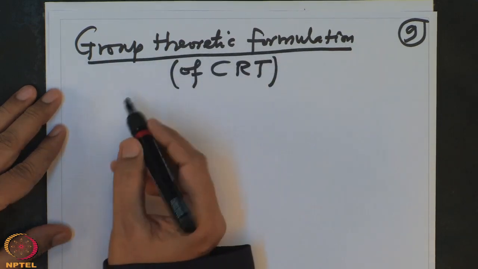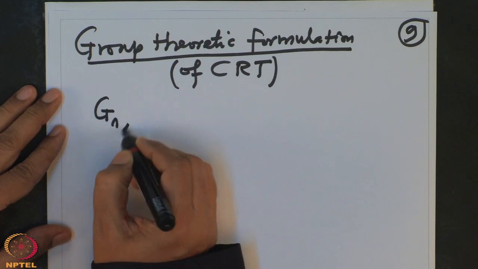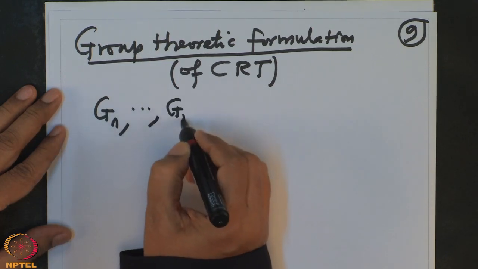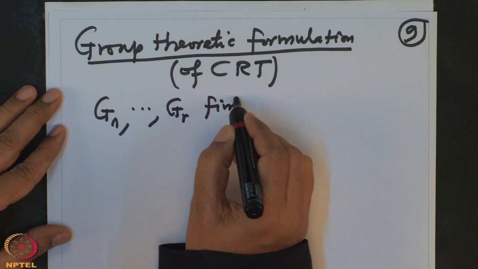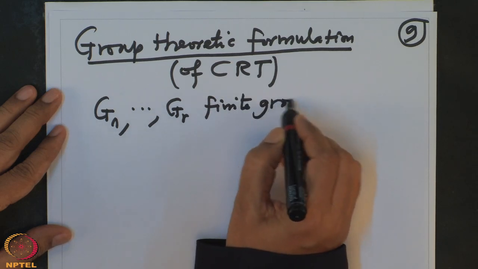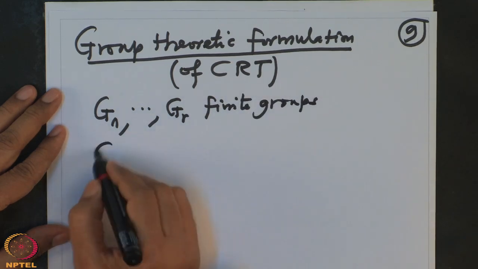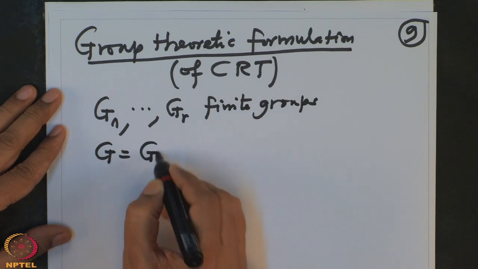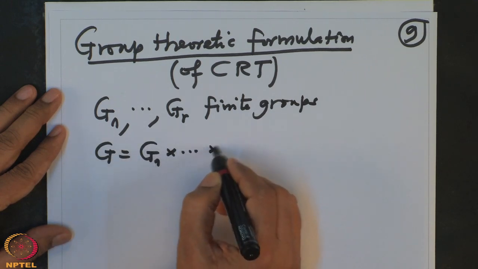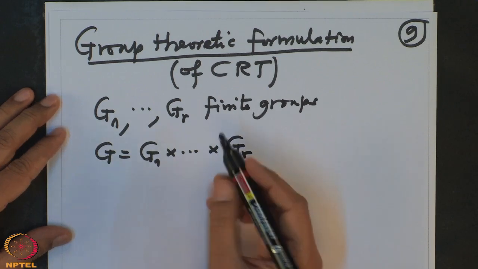So that is the following. Suppose you have G1 to Gr are finite groups, and let us denote G to be the product group with the component wise binary operation.